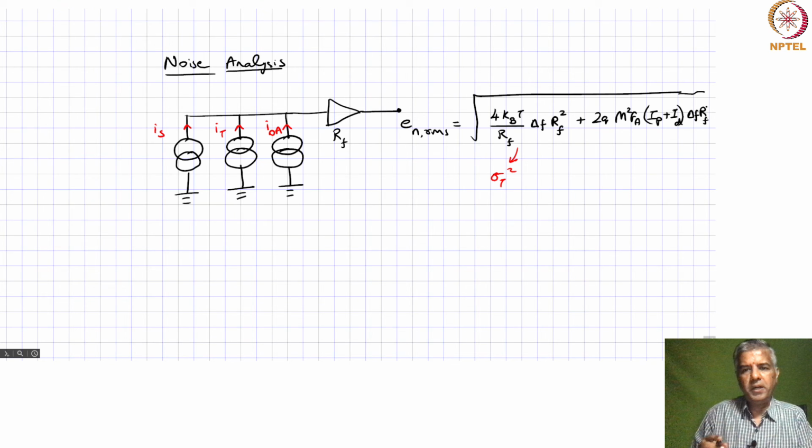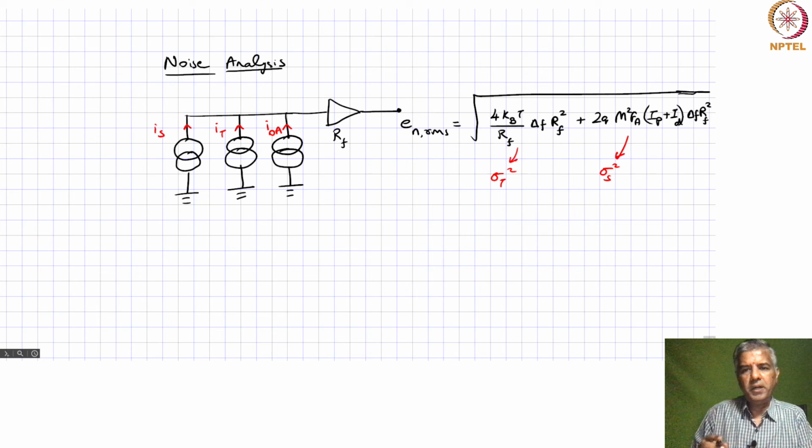So you have R_F square coming into the picture here. This once again is what we call sigma_s square. So we have both these variances adding with respect to each other.